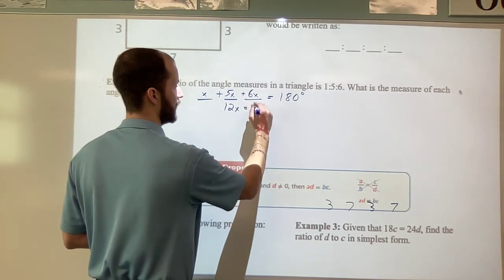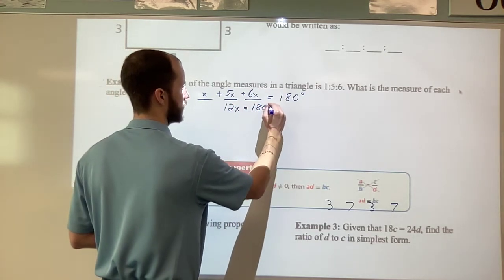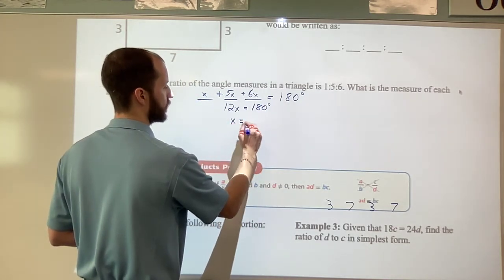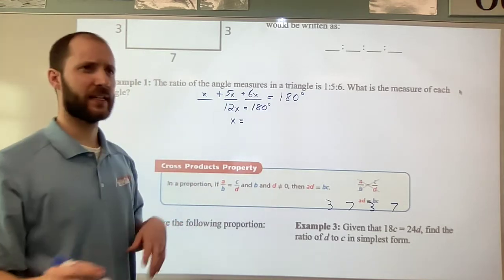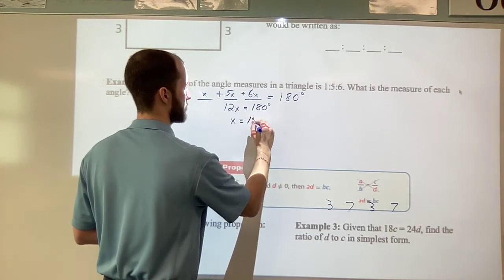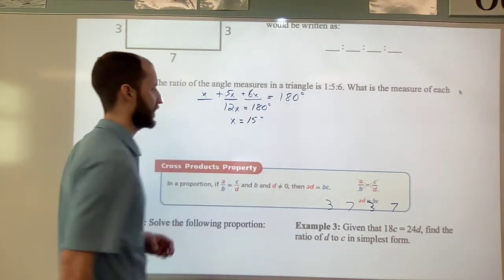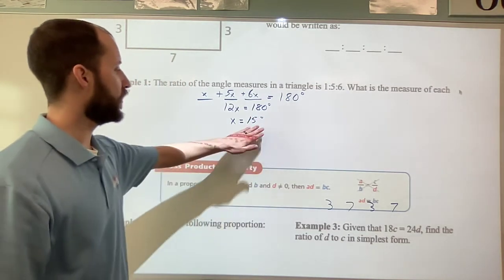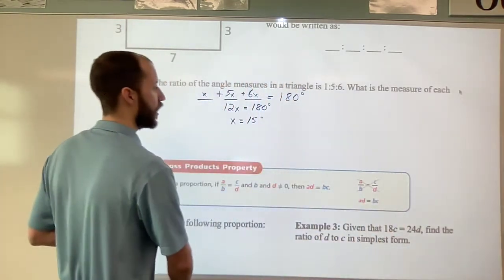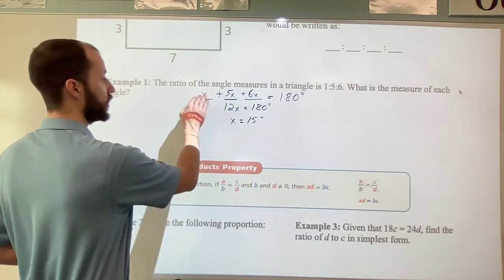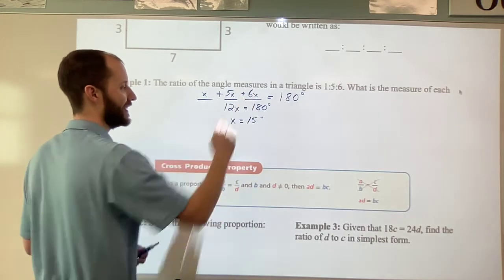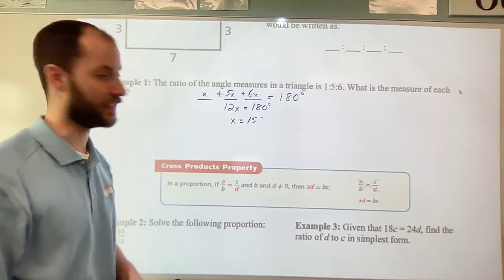So 12x equals 180 degrees, divided by 12. And x will equal, I think, 15. So 15 degrees is our part. So 1 of those 15 degrees, 5 of those 15 degrees, and 6 of those 15 degrees.